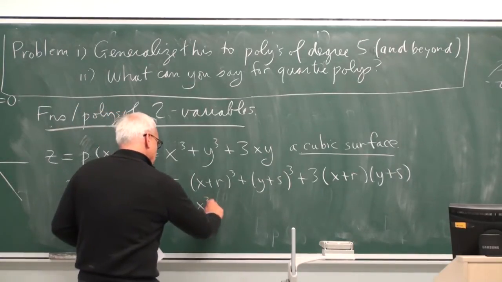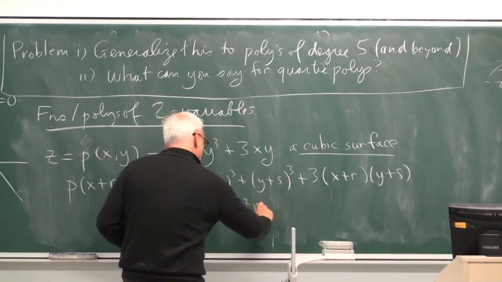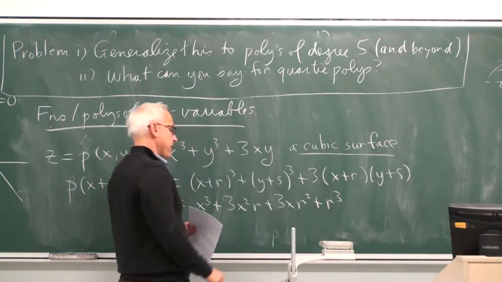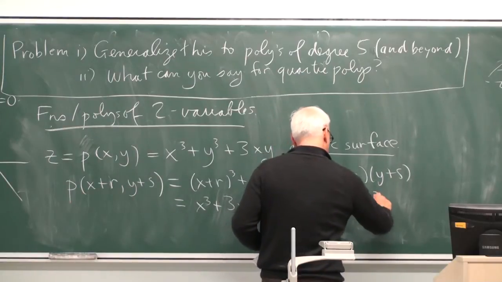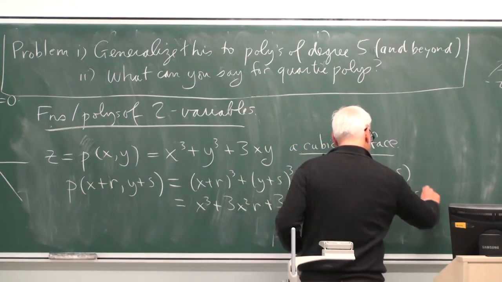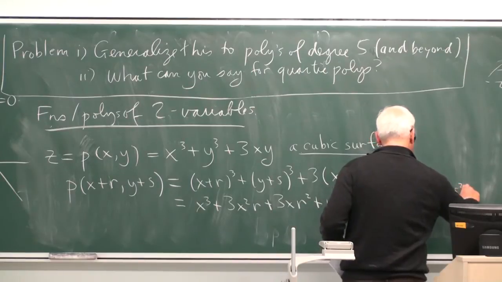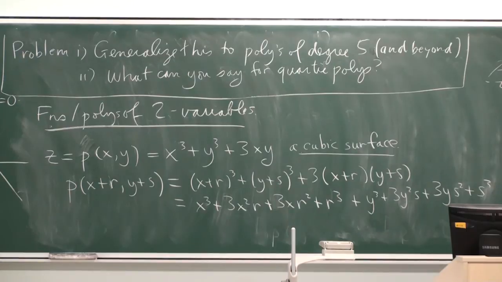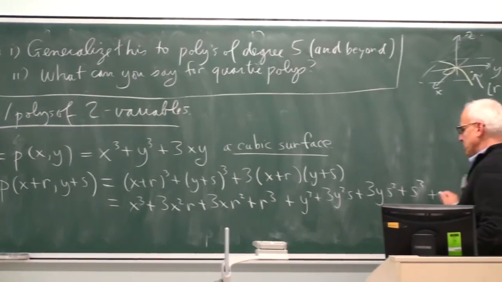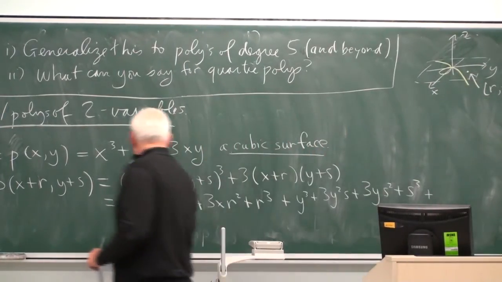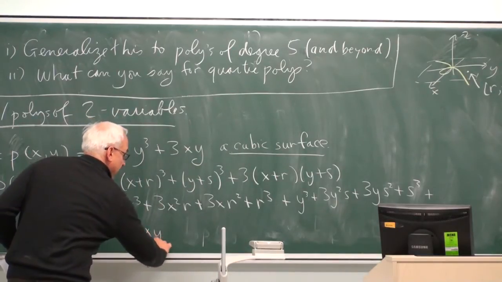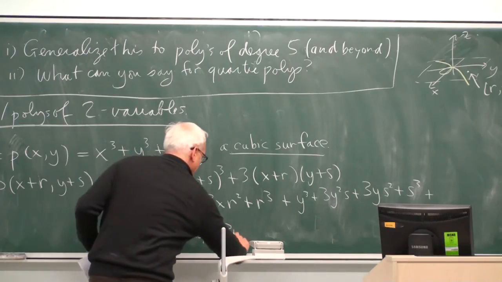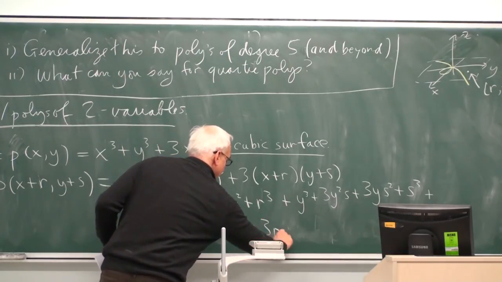There's an x cubed plus 3x squared r plus 3xr squared plus an r cubed for the first term, and then a y cubed plus 3y squared s plus 3ys squared plus s cubed for the second term. Then expanding the last part, we get 3xy plus 3xs plus 3ry plus 3rs.